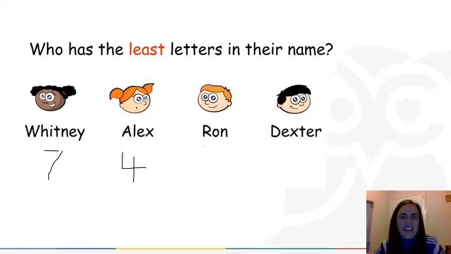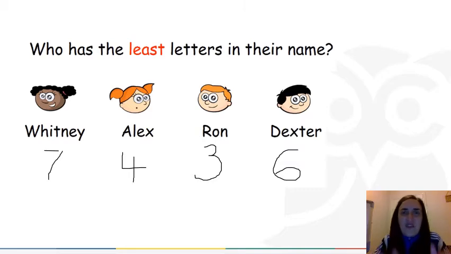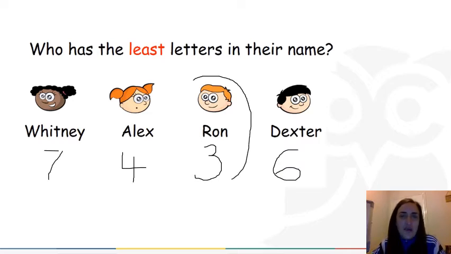So who has the least letters in their name? We're looking for the smallest number. Least means the smallest. Most means the biggest. So the least letters would be Ron, because 3 is the smallest number.